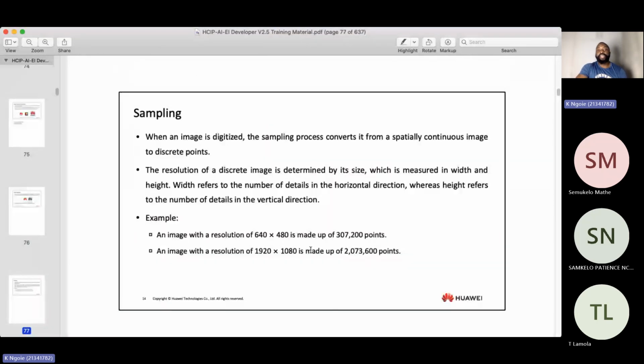So sampling is a fundamental concept of the whole digitization process in AI, which is similar to how humans capture certain details of a scene.